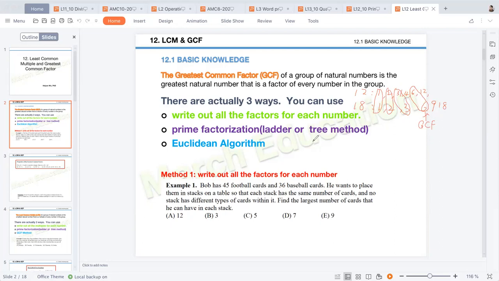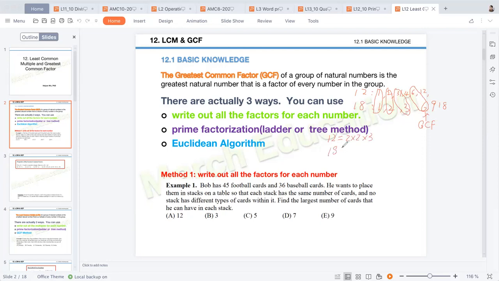And the second method is we call this prime factorization. Okay, so for example, 12 and 18. I write 12 equal to 2 times 2 times 3.